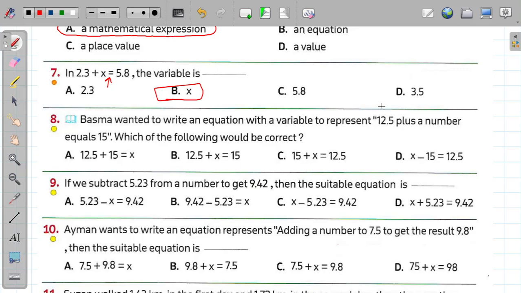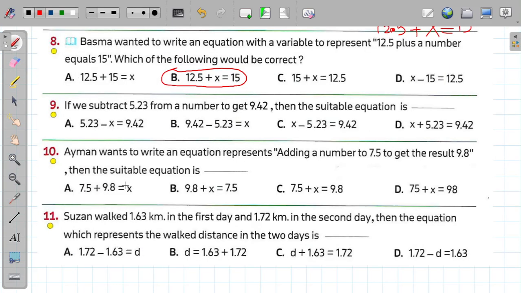So I will write it as we read: 12.5 plus a number that is unknown for me. So I will use a variable, x. Then I will write equals, and next to it I will write 15. So the equation will be 12.5 plus x equals 15. So I will choose my second choice here as the correct choice.